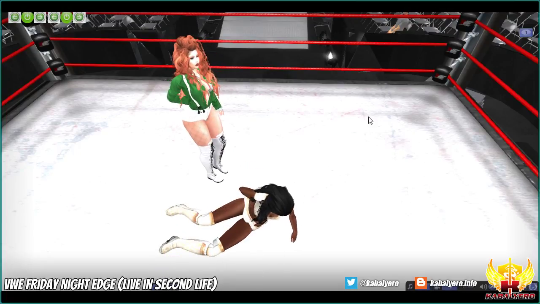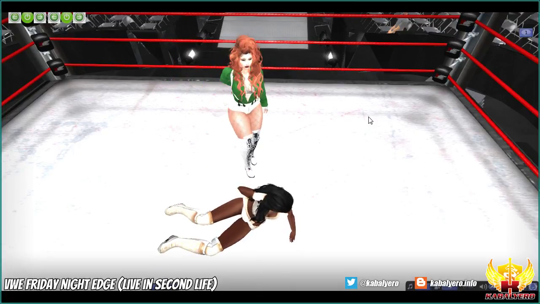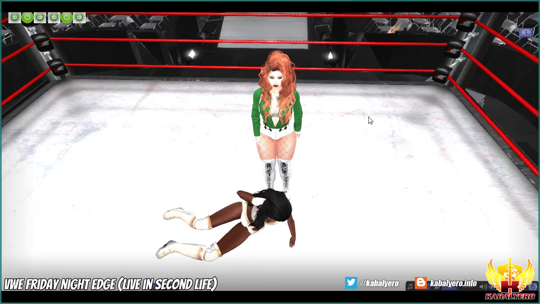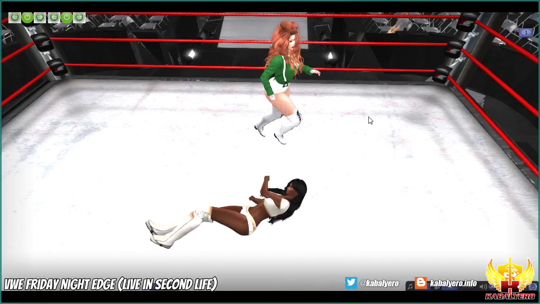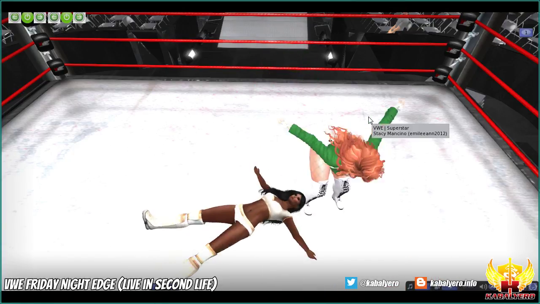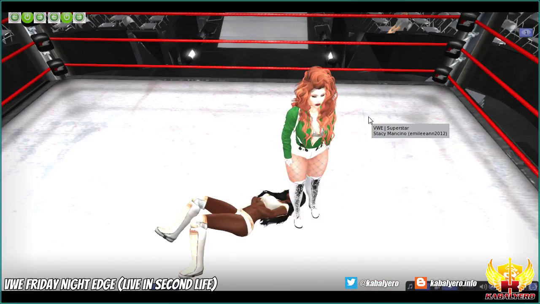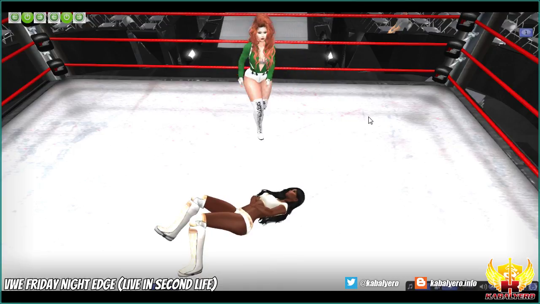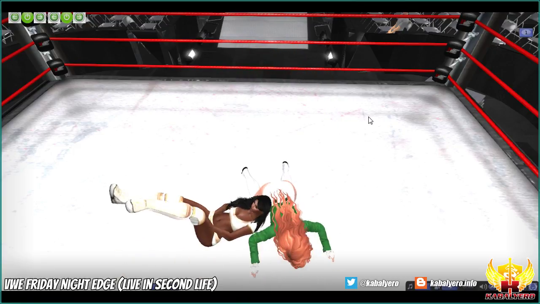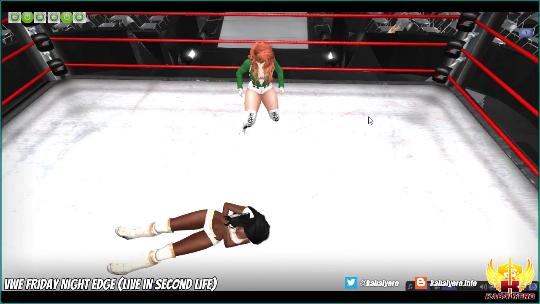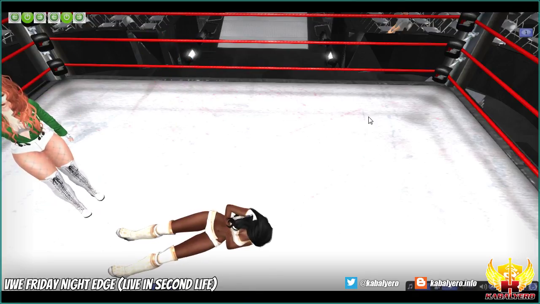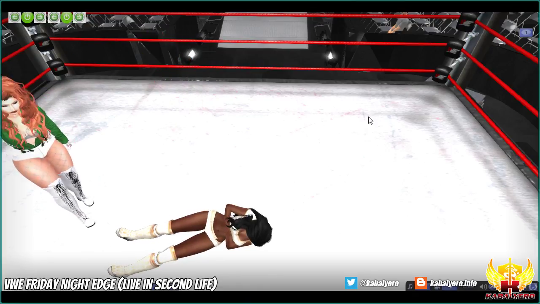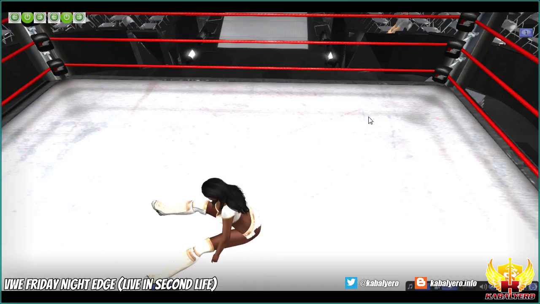And right now Rani is on her back. Stacy is still on the offensive, and there you go. My goodness. And she repeated that same move. She's basically just dropping her back on Rani. Is she going to pin Rani Patel again? I think she will.